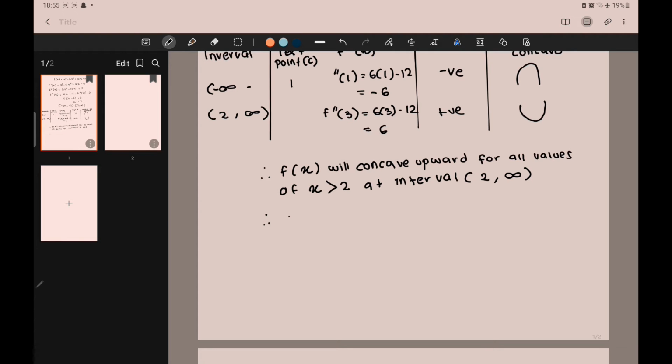And f(x) is concave downward for all values of x less than 2, at interval negative infinity to 2.